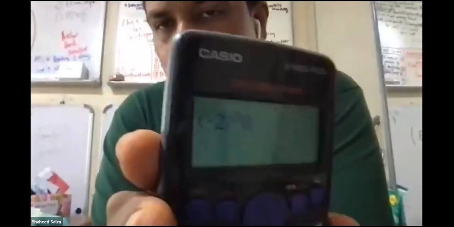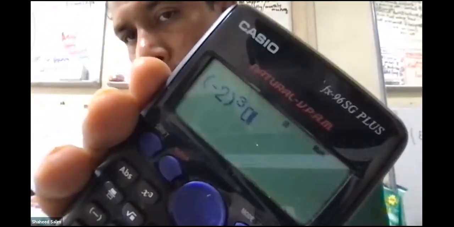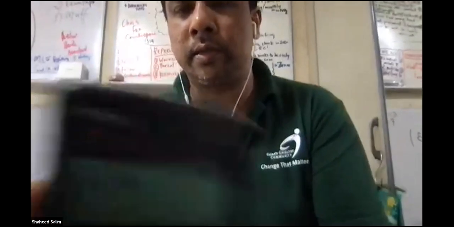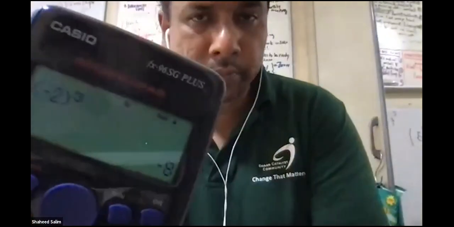Sorry. Okay, now like this, can you see this one? So now you can double check. You can put that and then put the equal sign, and you get the answer. Can you see the answer is negative 8?